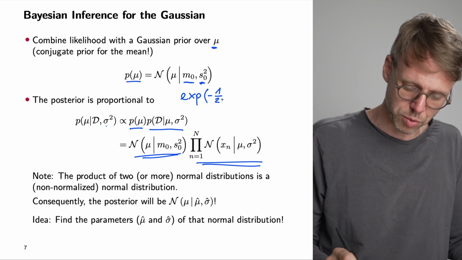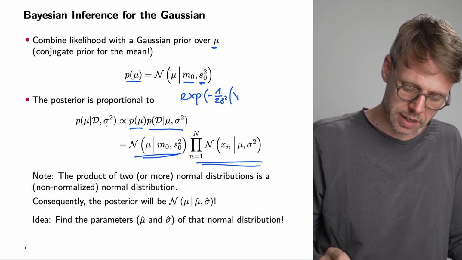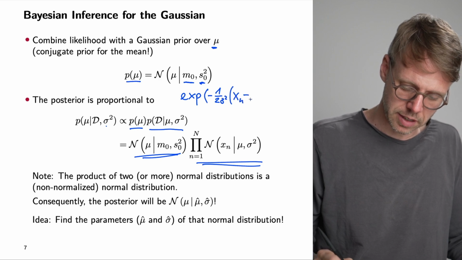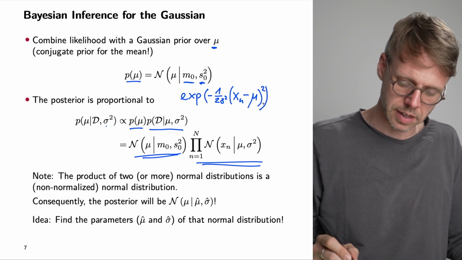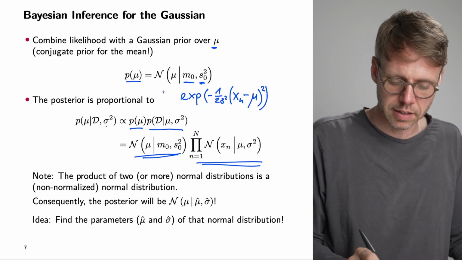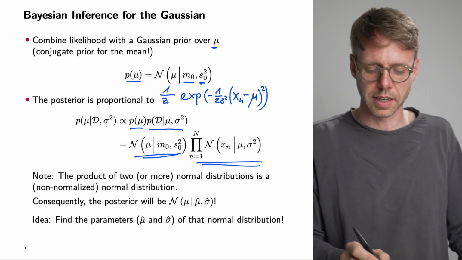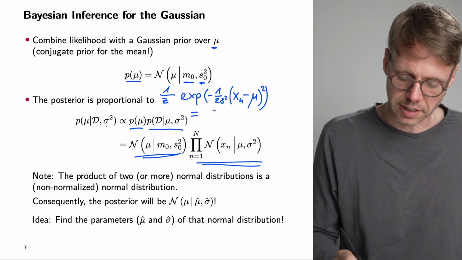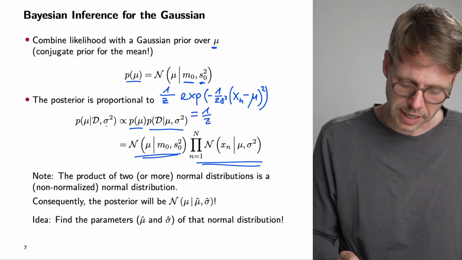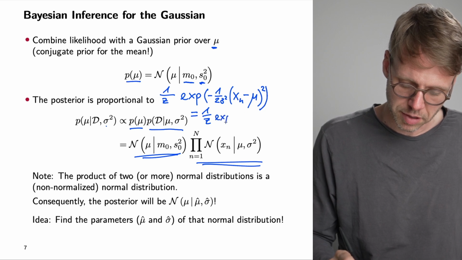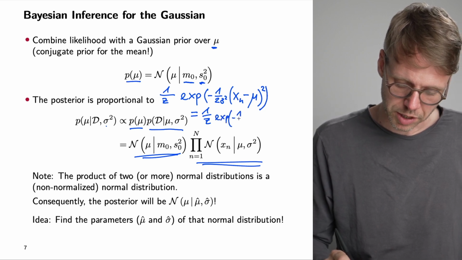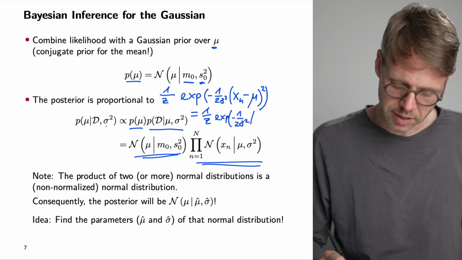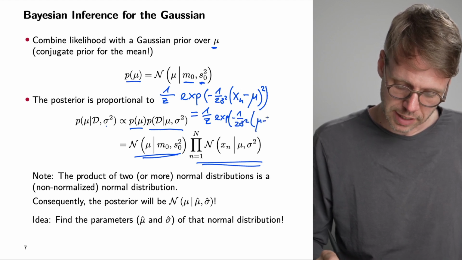We get 1 divided by 2 sigma squared, xn minus mu, squared. And for simplicity say that it's also normalized. We also have a normalizing constant. And that is identical to, well, 1 divided by Z, exp of minus 1 divided by 2 sigma squared, mu minus xn squared.